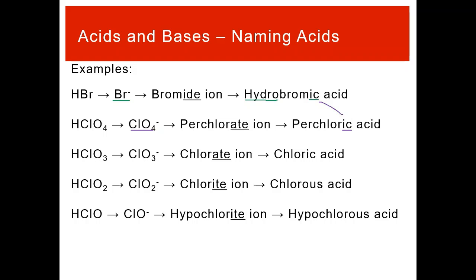We can see similarly, chlorate becomes chloric acid. And that's one of the differences, perchlorate and chlorate, perchloric and chloric, so that's why the per is used. Chlorite becomes chlorous acid, and hypochlorite becomes hypochlorous acid. So we've got some rules we can follow whenever we want to name acids.